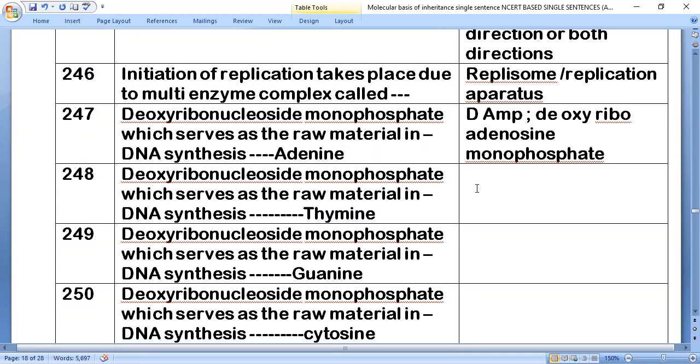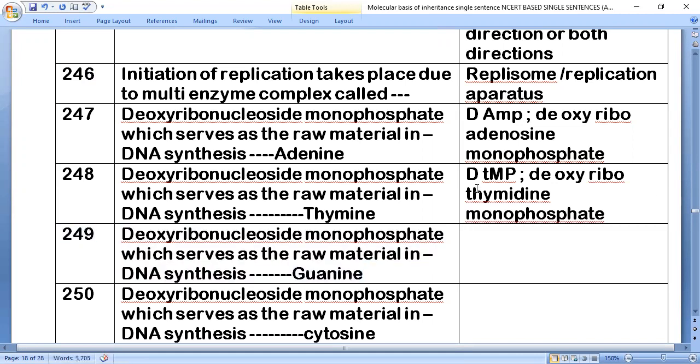For thymine it is dTMP, deoxyribothymidine monophosphate. For guanine it is dGMP, deoxyriboguanosine monophosphate.